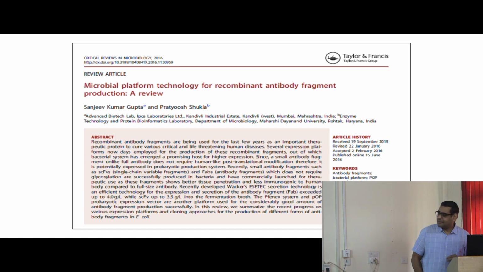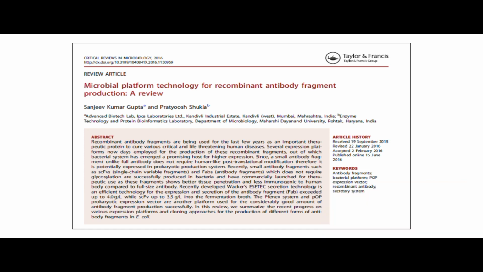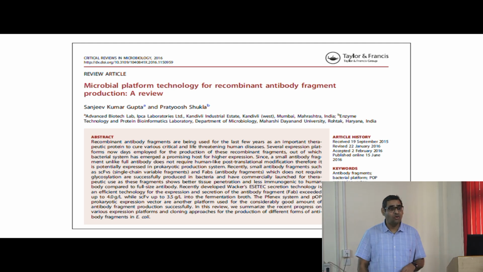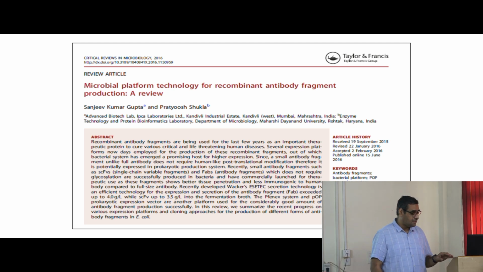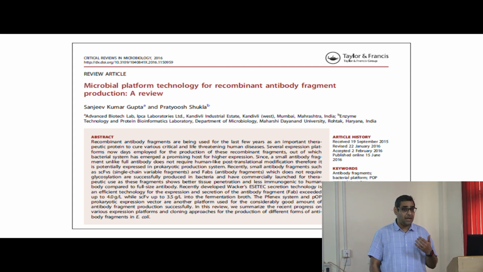Then this tutorial article, microbial platform technology for recombinant antibody fragment production, is also a very highly cited article. We published it in Critical Reviews in Microbiology. These journals hold great impact, especially when you publish, read, cite, and make notes out of it.